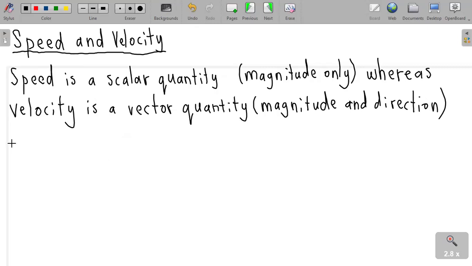So let's write down a few definitions here. The big difference is that speed is a scalar quantity and velocity is a vector quantity.